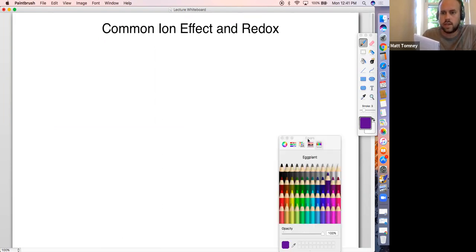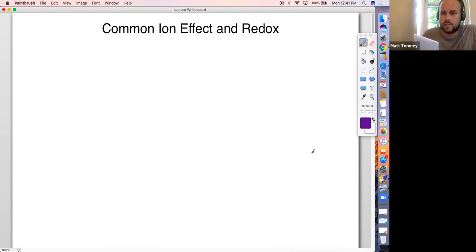All right, so the first thing that I want to do, this is something that is fair for the test tomorrow, okay? But again, it will not be present on the quiz today, and that is known as the common ion effect. So let's go back. If you look at the initial example, when I was teaching this, I used silver chloride, okay?